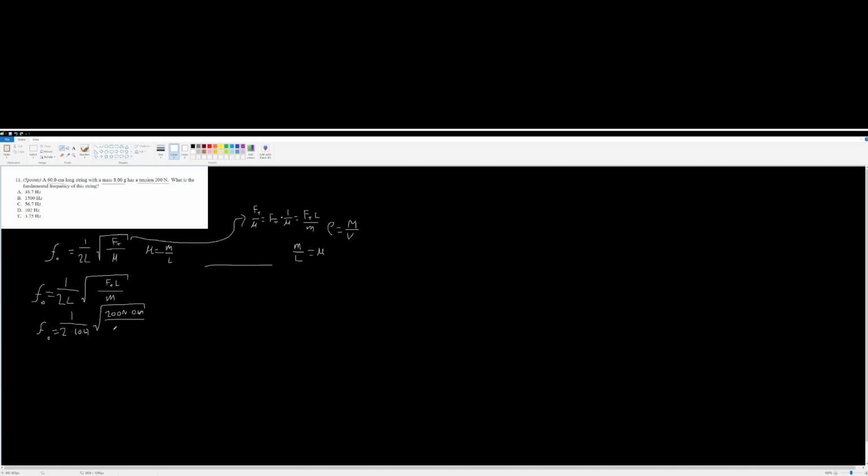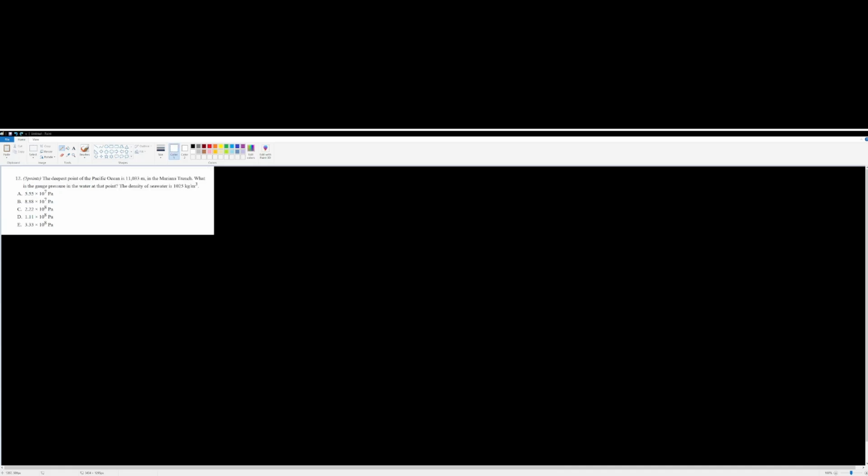Move it over 3 decimal places. We've got 0.008 kilograms. And when I do all this calculation, we get 102 hertz, which is the unit of frequency. And as you look through our answer choices, that corresponds with letter D. So that's number 11, and next we'll move on to number 12.